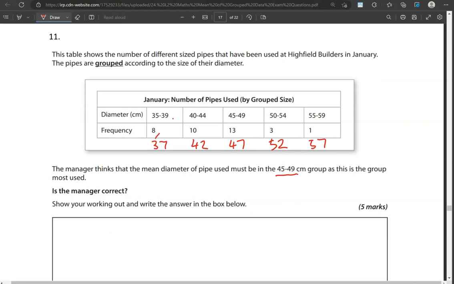So we'll multiply the respective frequencies with these numbers.